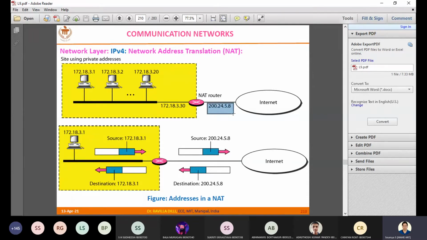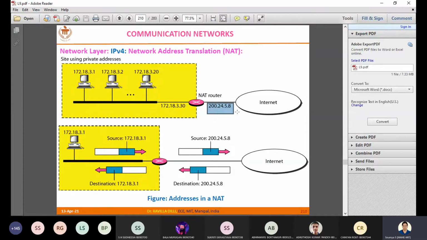Any packet that is sent from any of these systems will reach this router, and from now on the source IP address of each of these packets will be the address of the router, and that will be carried over throughout the network.